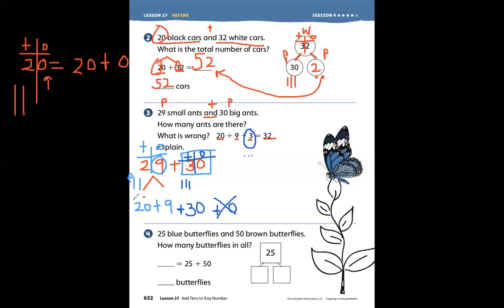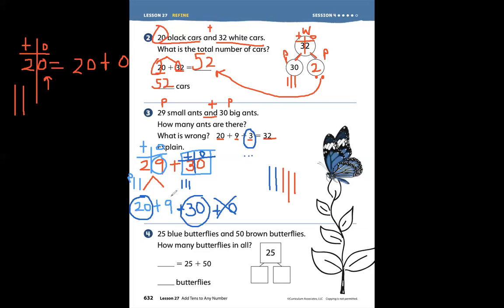So now I'm going to add 20, 1 10, 2 tens, plus 30. I'm going to change my color. 1 10, 2 tens, 3 tens. Now I have 5 tens.